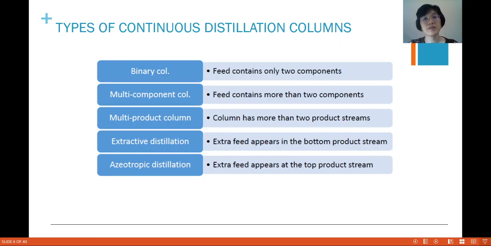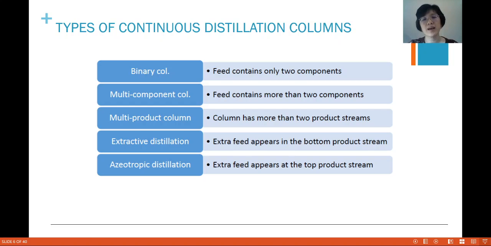There are different types of continuous distillation columns. We have the binary column, in which the feed contains only 2 components, and the multiple component column, in which the feed contains more than 2 components. Other than that, we have the multi-product column, the extractive distillation column, and also the azeotropic distillation column.